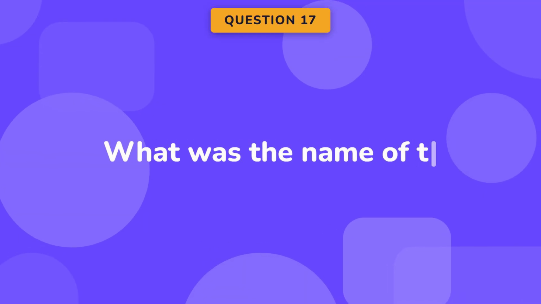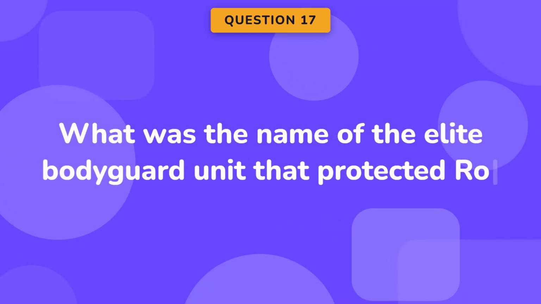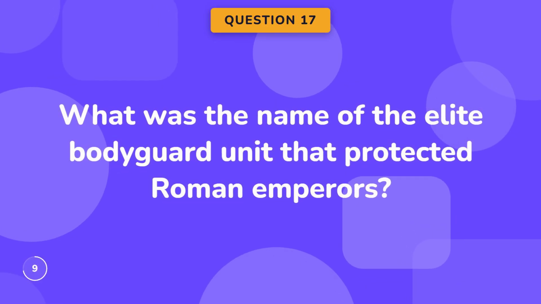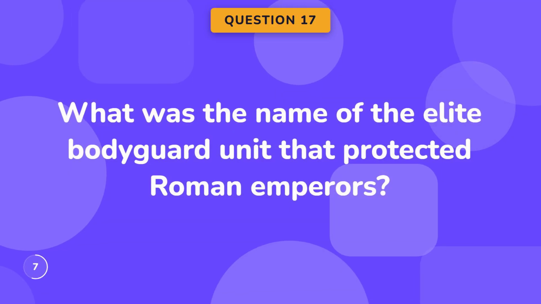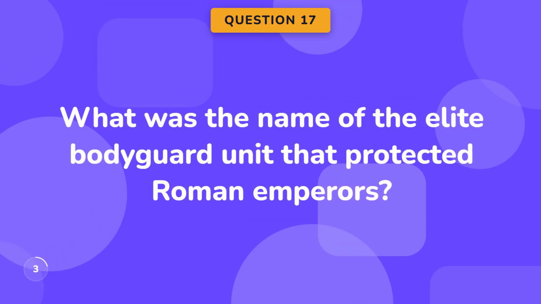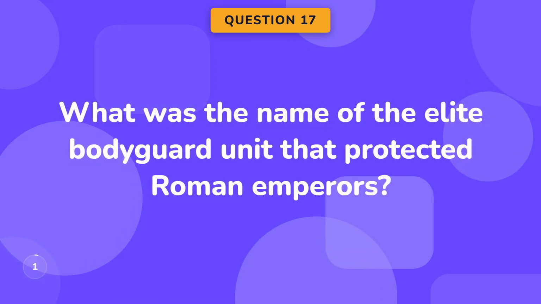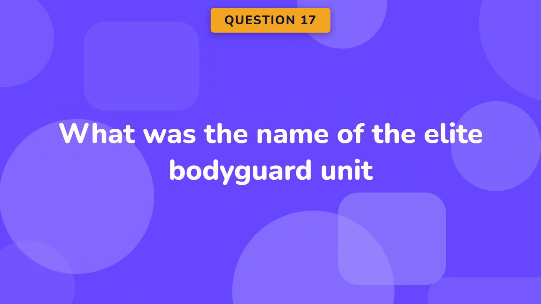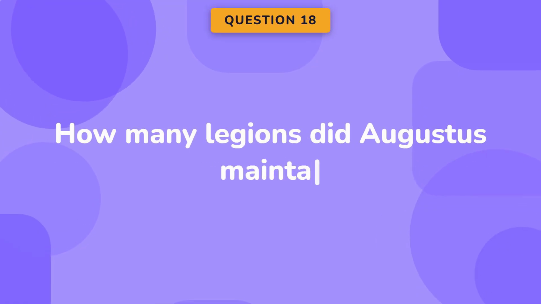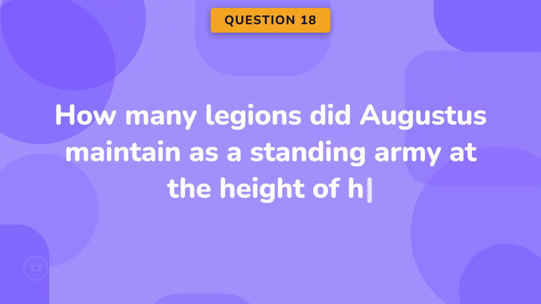What was the name of the elite bodyguard unit that protected Roman emperors? How many legions did Augustus maintain as a standing army at the height of his reign?